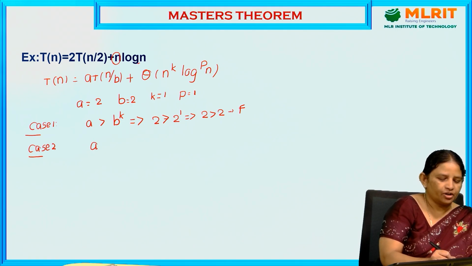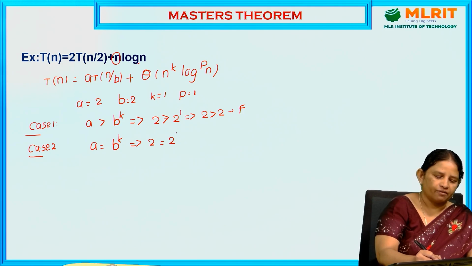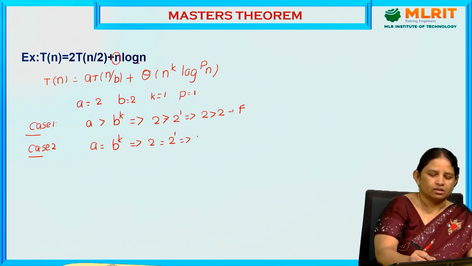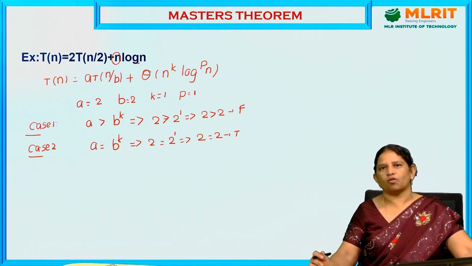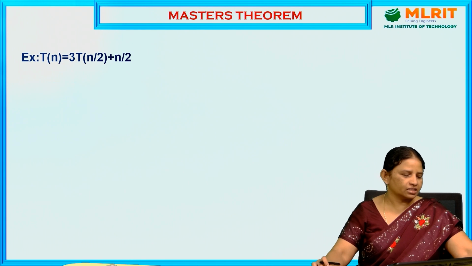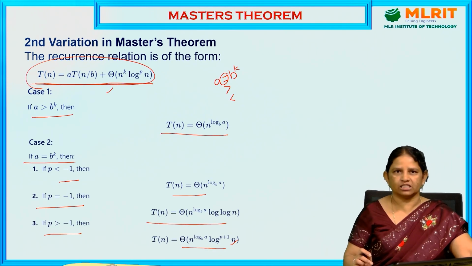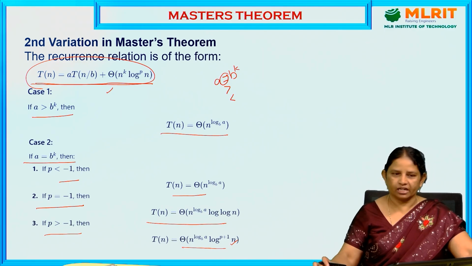A equal to b power k. Means a value is 2 equal to b power k. B value is 2, k value is 1, 2 power 1. That is 2 equal to 2, condition true. In the case of case 2, again there are 3 cases, whether p is less than minus 1, greater than minus 1, or equal to minus 1.